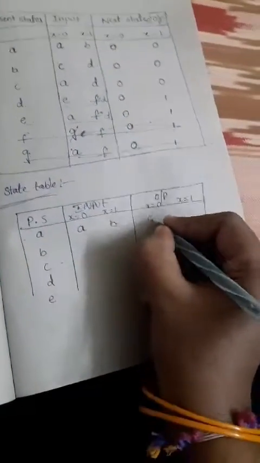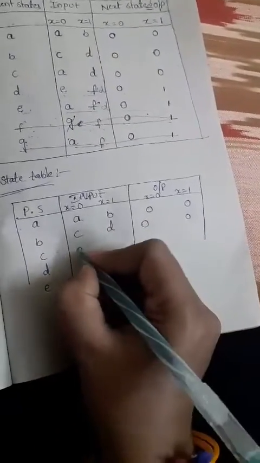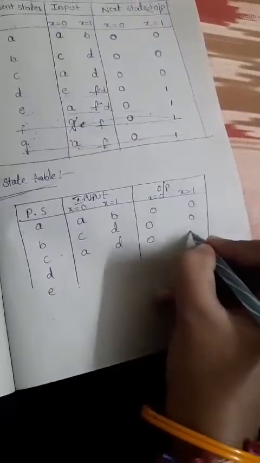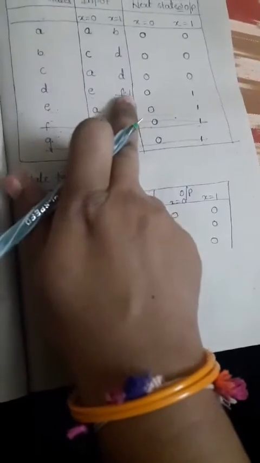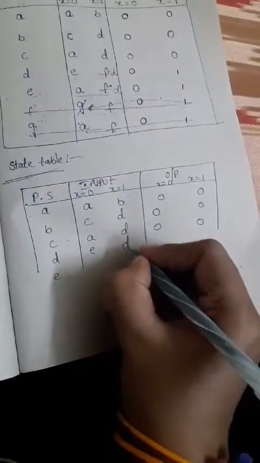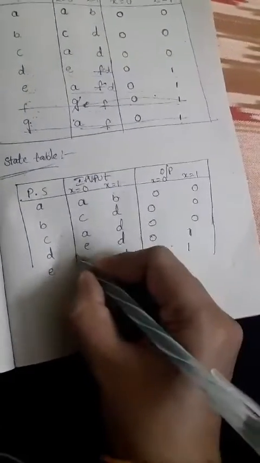For A: B 0 0; C: D 0 0; D: A D 0 0; and E: here F is eliminated, so in the place of F we write D, so E D 0 1, and here also F reduced, so A D 0 1. So finally we are getting the state table like this, after reducing the two states.